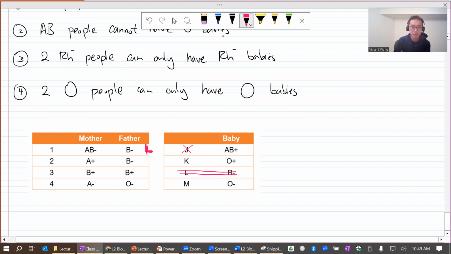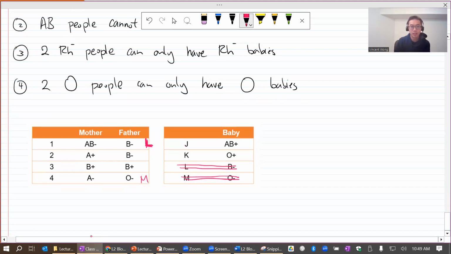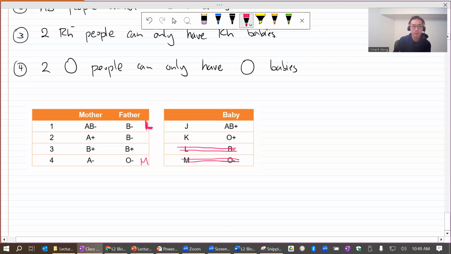So if there are only 2 babies left, this one is theirs. Baby N. So that's cool. Please let me know if you have questions. Okay, just type it in the chat if you have it. Okay, next.